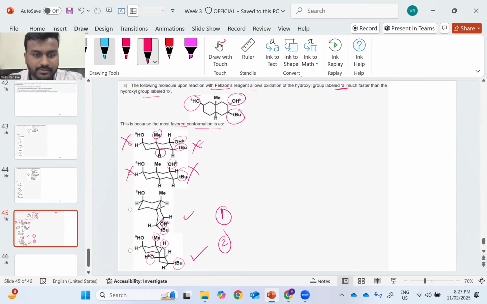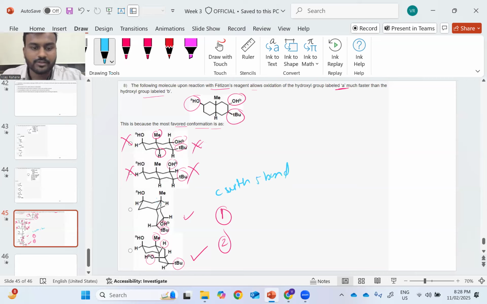Is there anything else that we are missing from this row? All right, there is a huge mistake in this one. If you look at the bonds, how many bonds does this carbon have? It's one, two, three, four, five. A carbon with five bonds, right? So obviously this option is wrong.